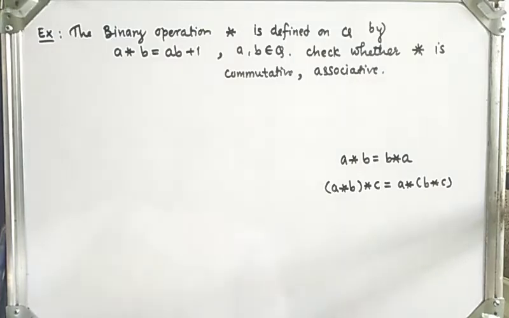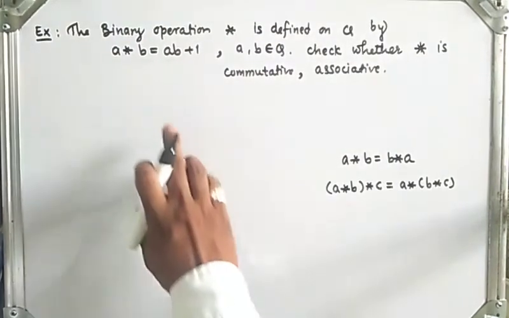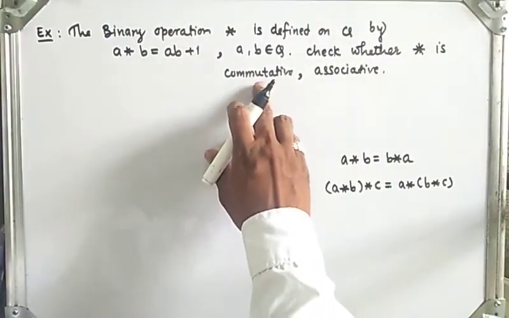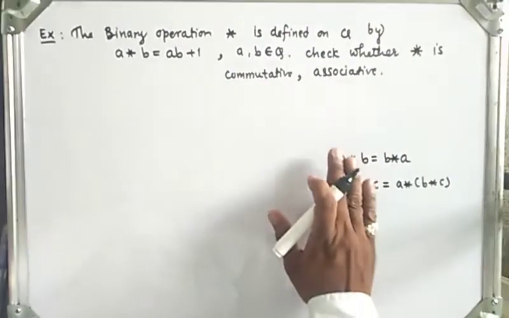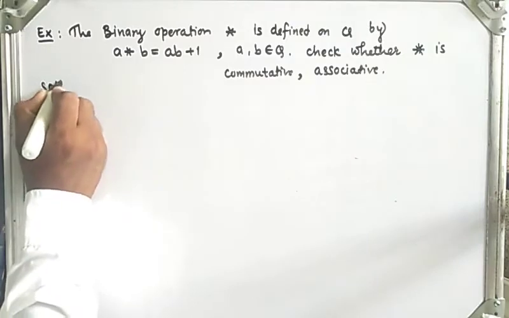Now let's see whether the given binary operation A star B is equal to A into B plus 1 is commutative or associative. Let's check this solution.